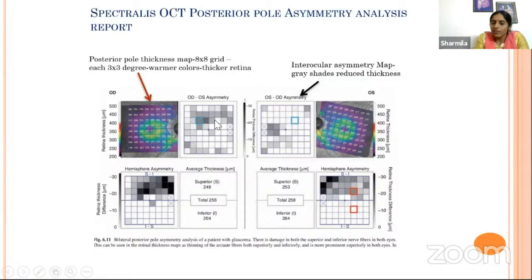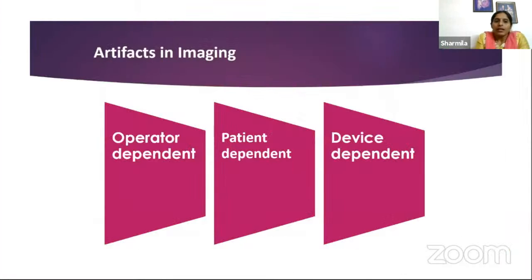Gray areas are areas which show a reduction in RNFL thickness, and then you also have a hemisphere asymmetry, that is, within the same eye you have a superior to inferior asymmetry or an inferior to superior asymmetry which is calculated. Predominantly all these dark areas are the areas where there is reduced RNFL thickness, and here you can see that in this image both eyes show reduced superior arcuate fibers.